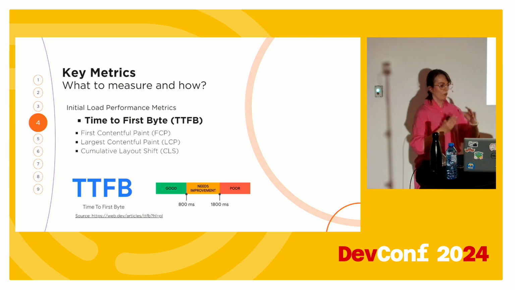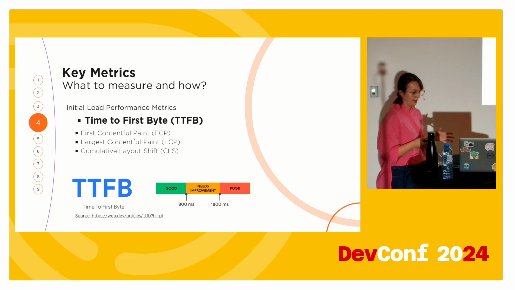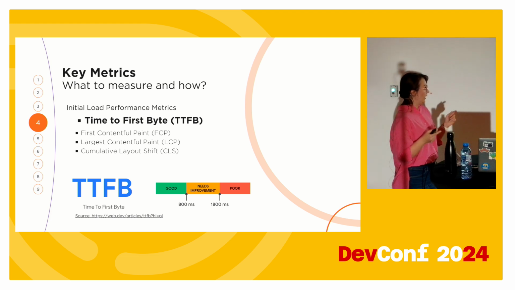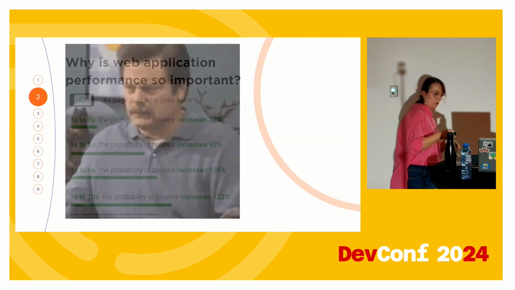Why is it so important? Because this first byte is the minimum requirement to start rendering something on our screen.